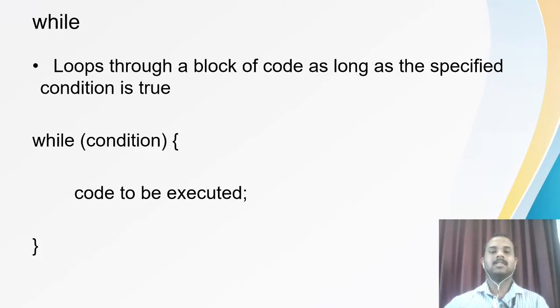While loops through a block of code as long as the specified condition is true. As I already mentioned, in the while loop it is not guaranteed that the code will be executed. In certain situations the condition is not true and the code belonging to it may not even execute once.